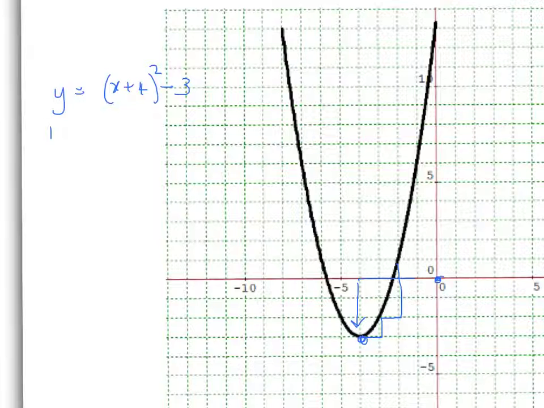And our domain, the x values are between, what does that come down to? -8 and 0. So -8, my x is between these values. It's greater than or equal to that, less than or equal to 0.